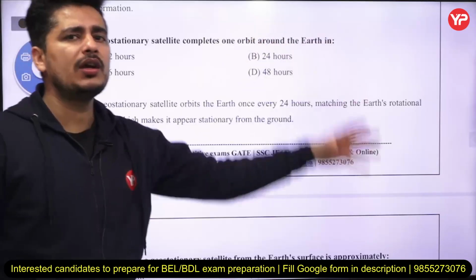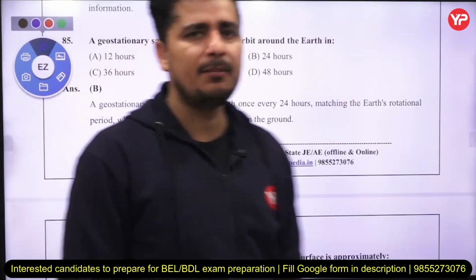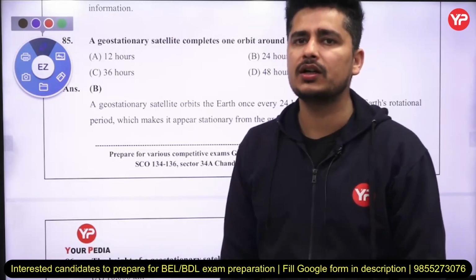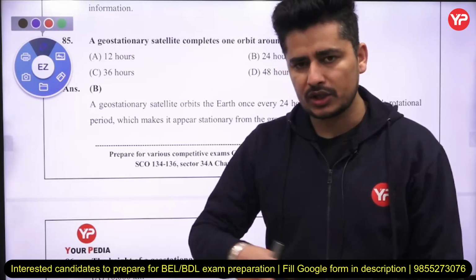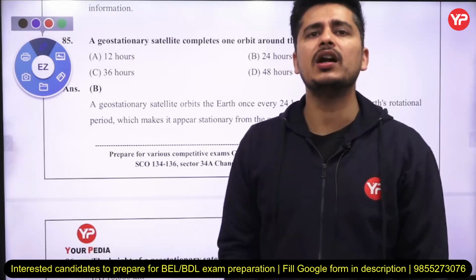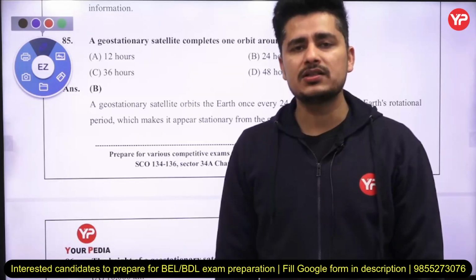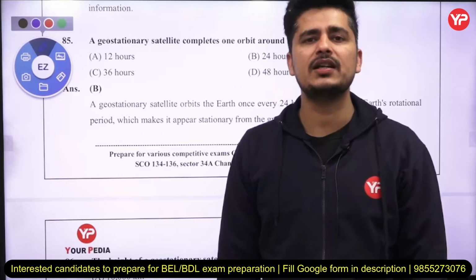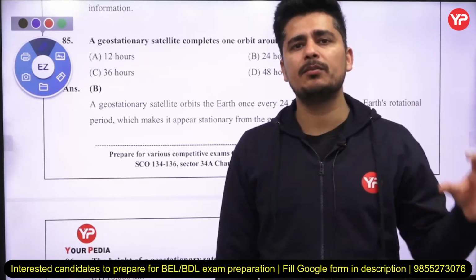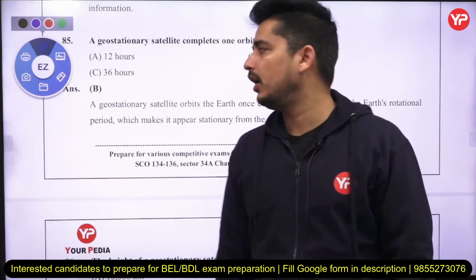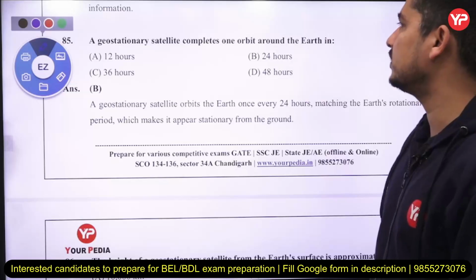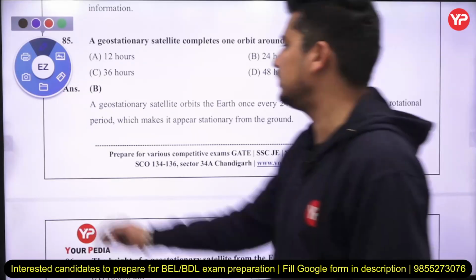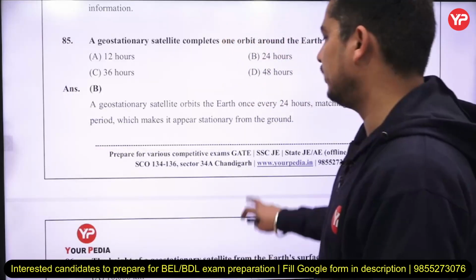If I am talking about its time period, it means whenever it completes one rotation around the earth, its rotation should be the same as the earth's rotation, right? It means if the earth takes 24 hours to complete one cycle, that satellite will also complete its one rotation in 24 hours. So it is asking: a geostationary satellite completes one orbit around the earth in 24 hours, because it is stationary over a place.